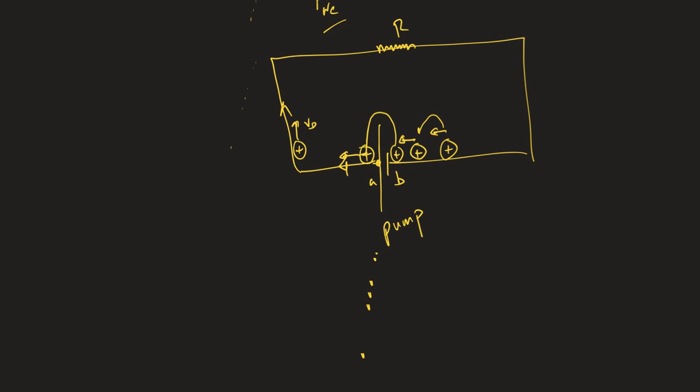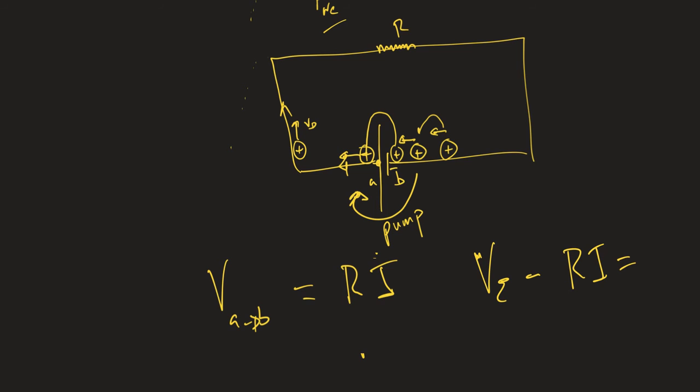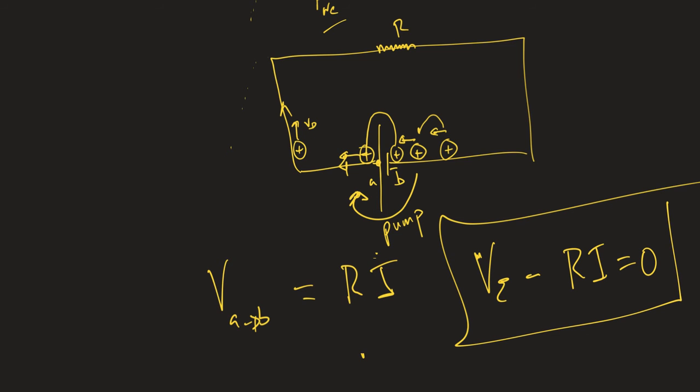And the equation that you write for the whole circuit is that energy gained from going A to B is energy lost, and the energy loss is R times I. So V sub B, the energy gain from the negative to the positive pole of the battery, minus R times I equals 0. And this is the equation that you use all over the circuit.